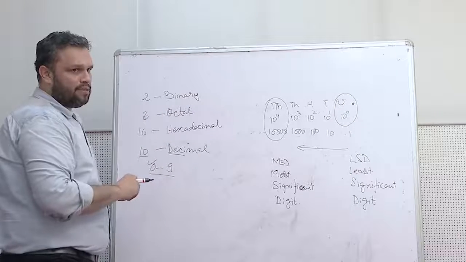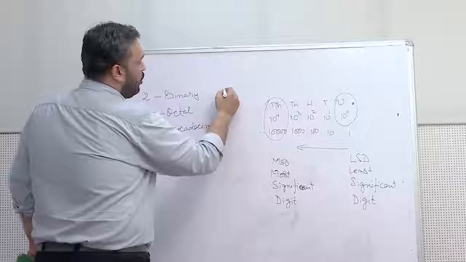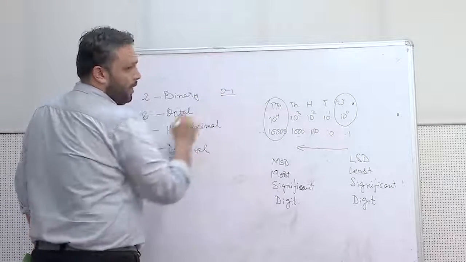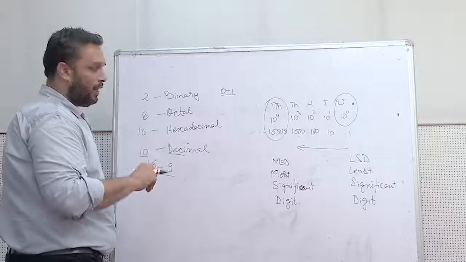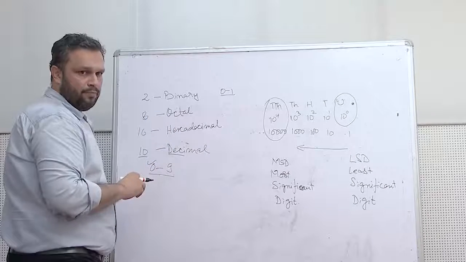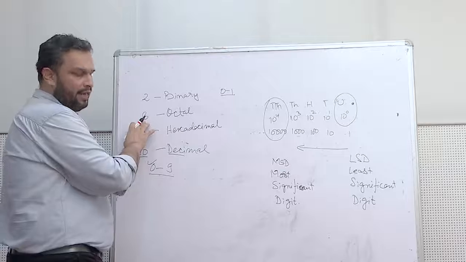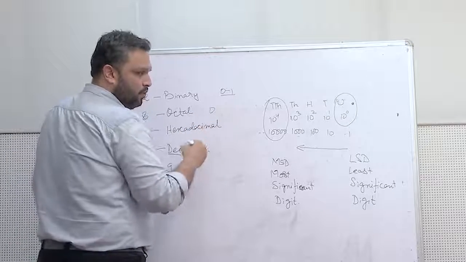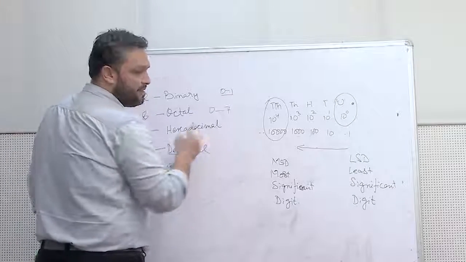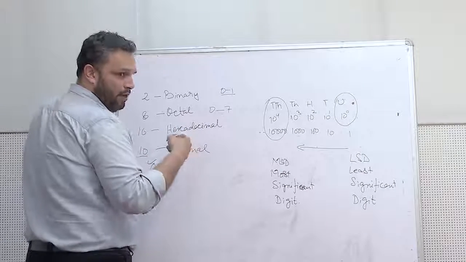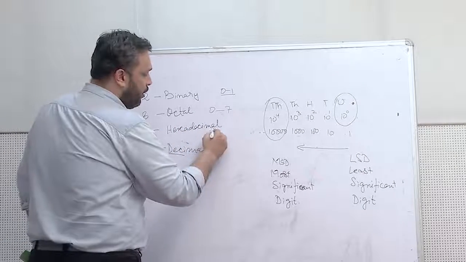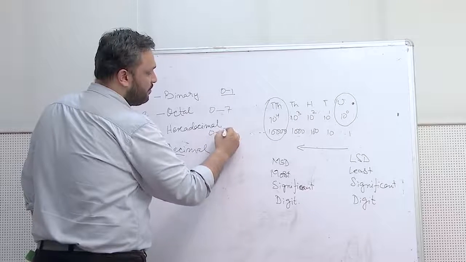Similarly, in a binary number system, the digits will be 2, only 0 and 1. The least digit is 0 and the highest digit is only 1. In case of octal number system, where the base is 8, the least digit is going to be 0 and the highest digit is going to be 7. And in case of hexadecimal number system, because we are short on time, we are going to talk about it later.